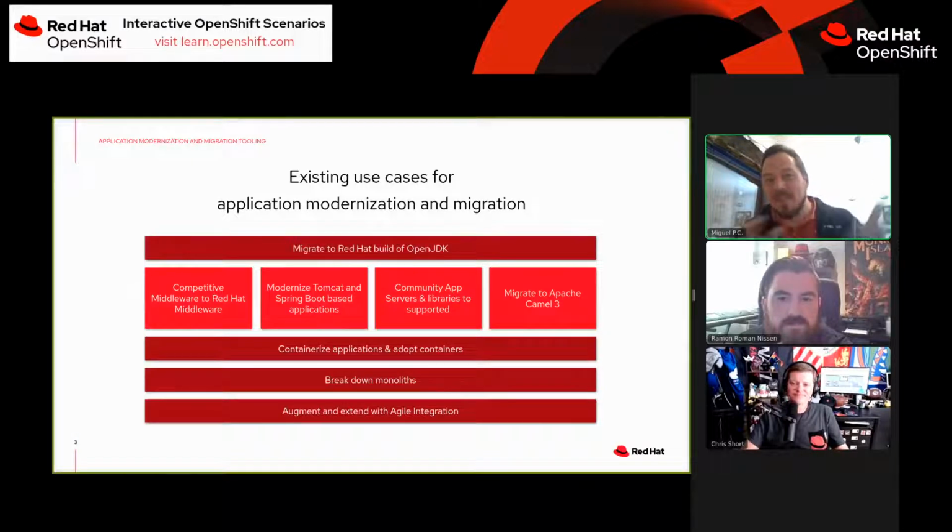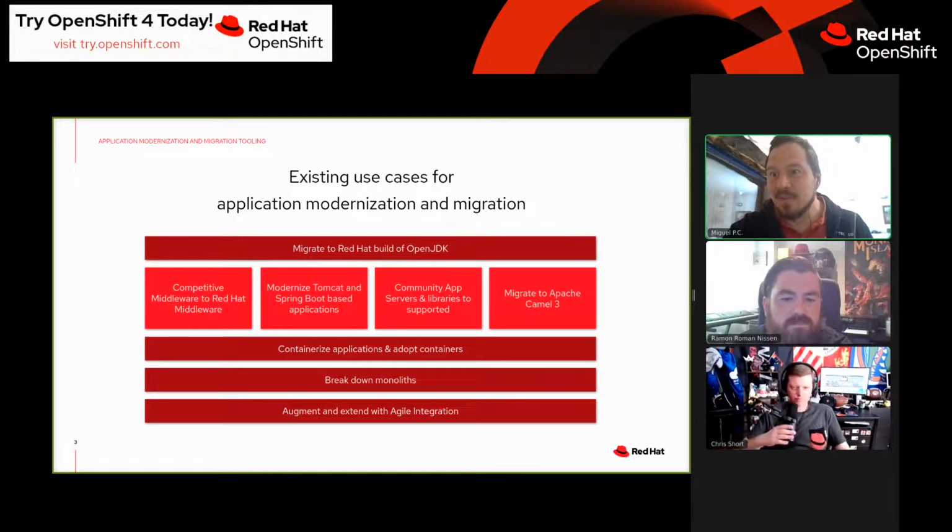So let's get positive. What are the situations that we normally help customers with? Well, some customers have found that the latest version of Oracle JDK is not free anymore, and they have to pay for it, and they're considering alternatives. Well, we're here to help with OpenJDK, also with other application servers, JEE, that comply with the JEE standard.